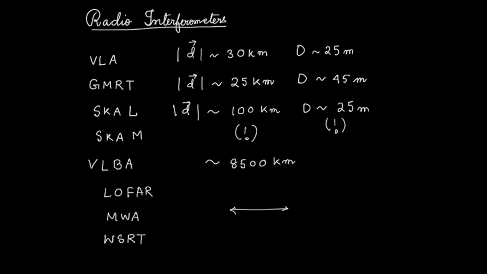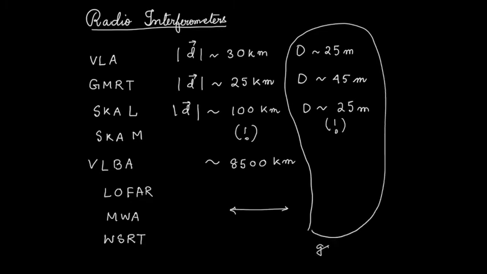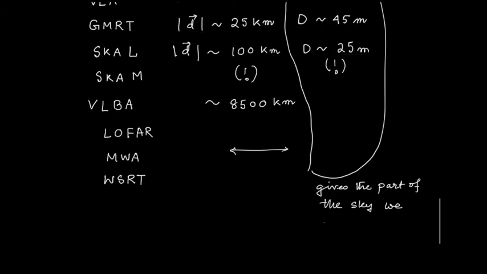Now this column, as we said, gives the part of the sky we can see at a given go. This is related by this 1.22 lambda by d. We call this the field of view.